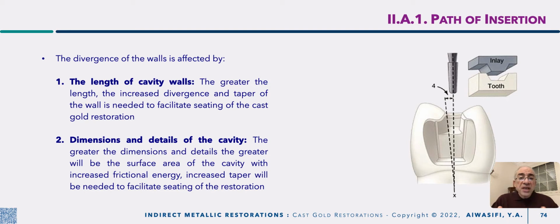To make sure that your prepared cavity is free from undercuts, you need to increase this taper. In the coming slides, we will discuss how this affects the axial retention. Does this decrease the frictional wall retention or increase it? That we will discuss in the coming slides.